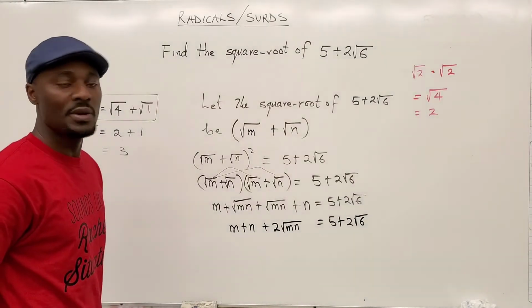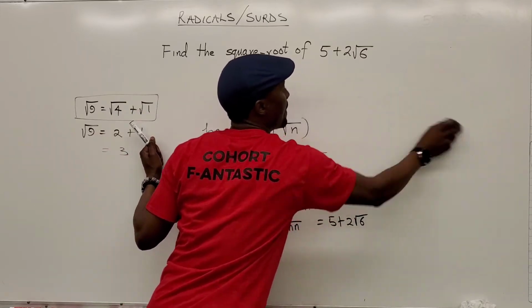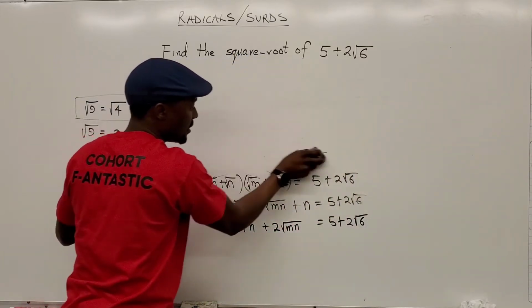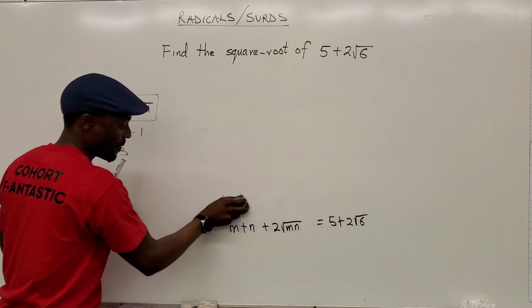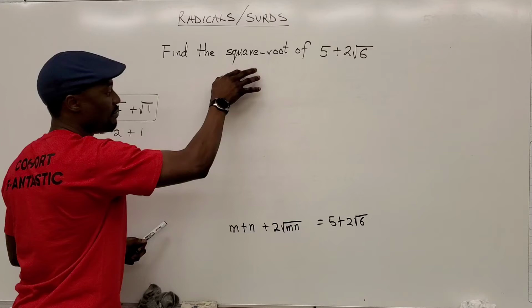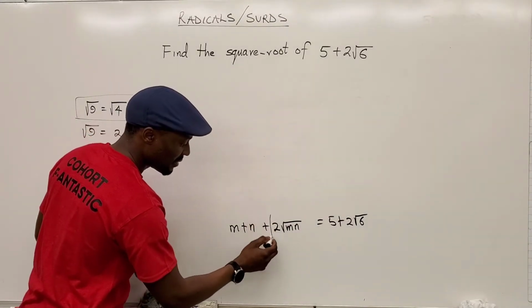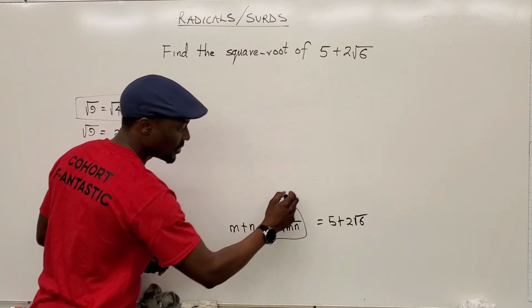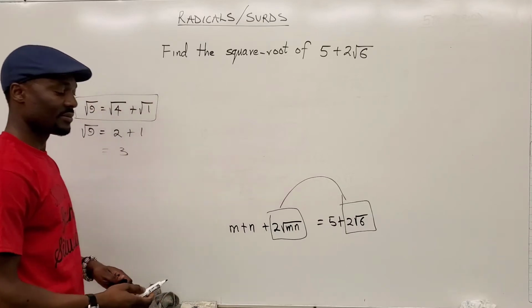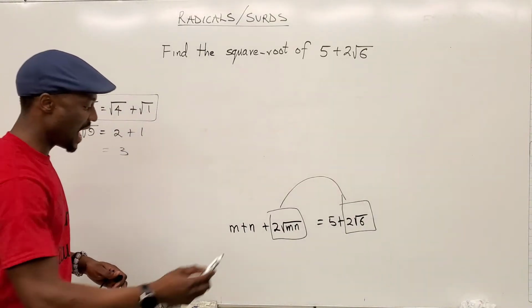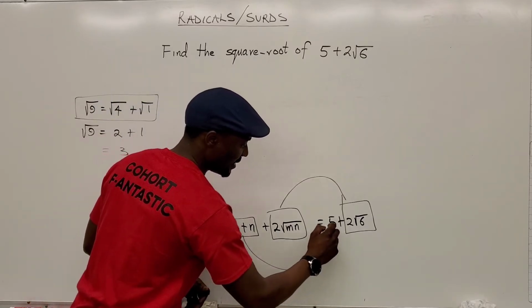So what I'm going to do is, let's erase the top part. If we transfer this line and bring it up here, what you observe is that this looks like this, and this looks like this.